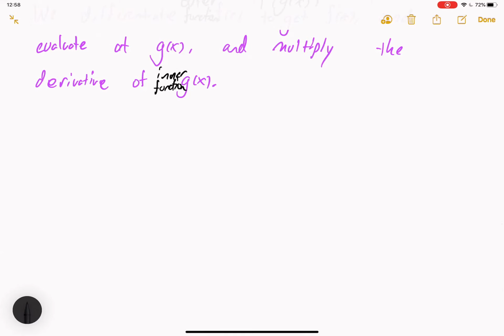But as long as you keep things consistent and know the derivatives of g of x and f of x, then we don't really have an issue.